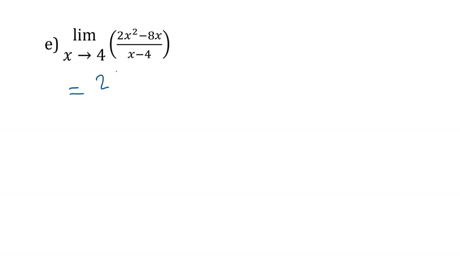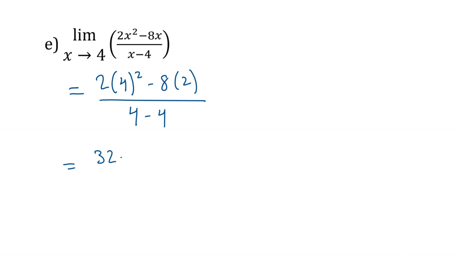So I get 2 times 4 squared minus 8 times 2 over 4 minus 4. 4 squared is 16. 2 times 16 is 32. 8 times, whoops, sorry, that should be a 4. 8 times 4 is 32 over 4 minus 4. And this is 0 over 0.